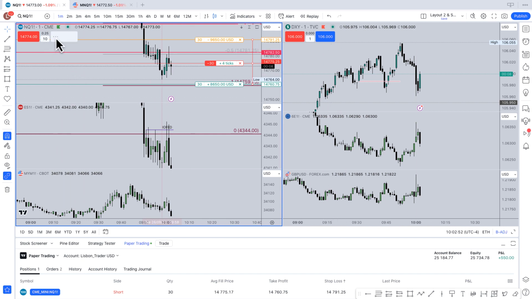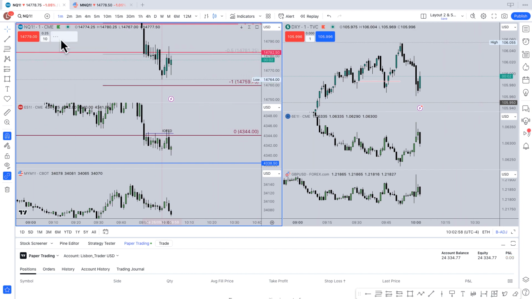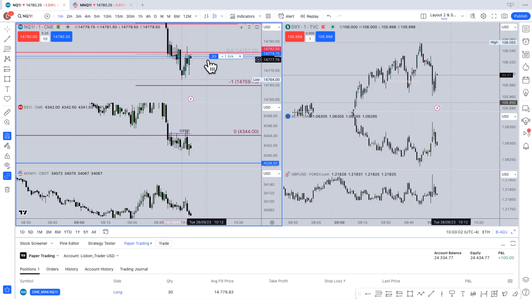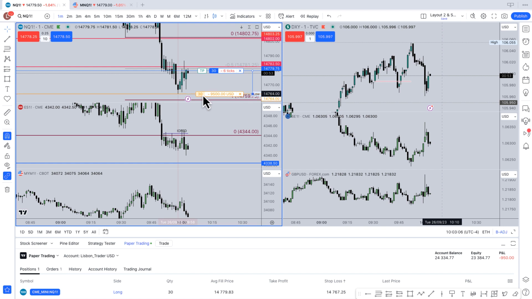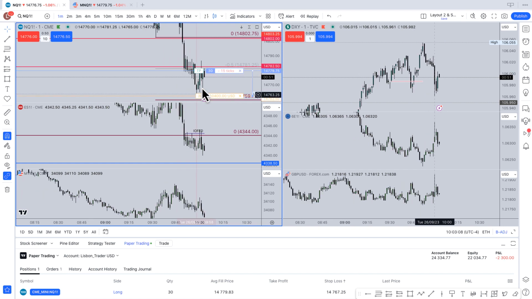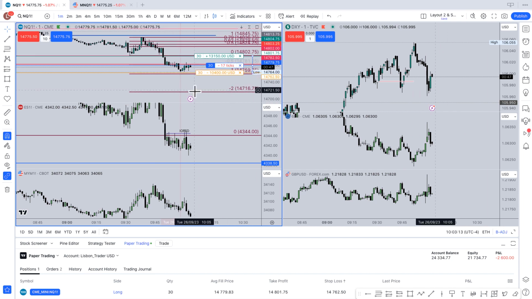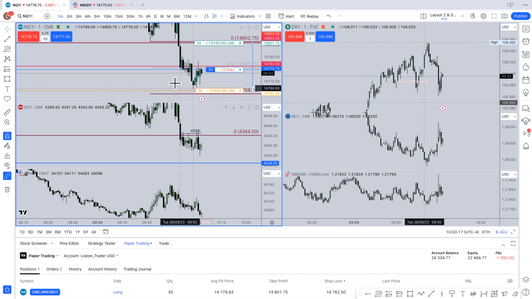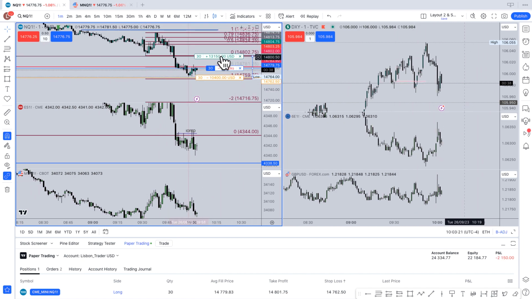So this is kicking ass. It is not going lower. You have a target here, fell short of this target.